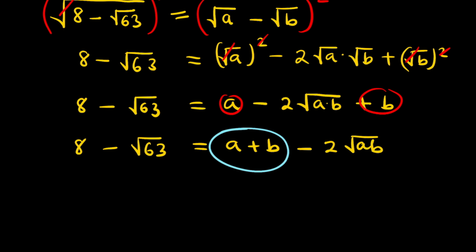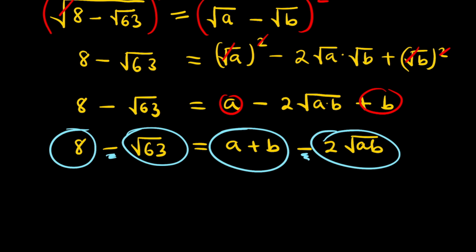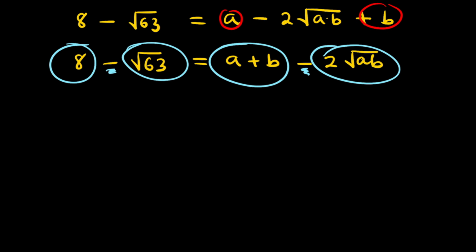By equality of surds, a plus b is equal to 8. Because the signs are the same, minus minus, then 2 root ab is going to be equal to root 63. I'll put that out and say a plus b is equal to 8, and then I'll say 2 root ab is equal to root 63.